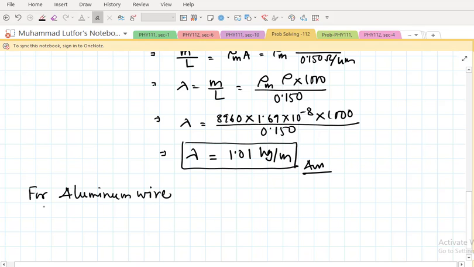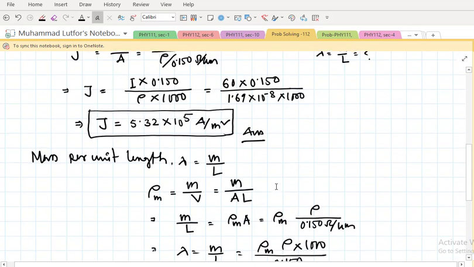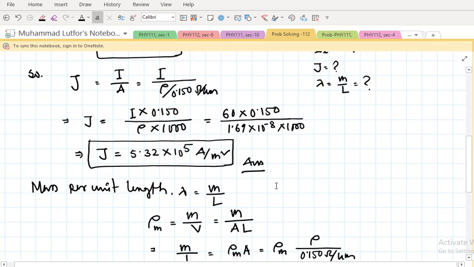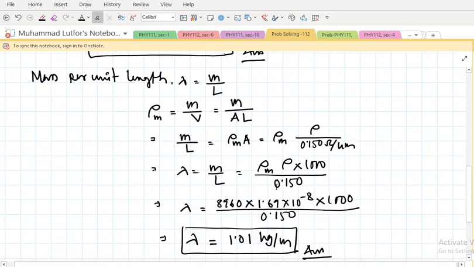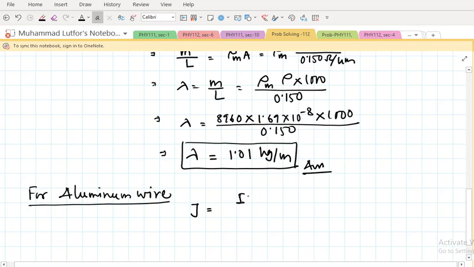The current density J, look at that equation, would be I into 0.150 divided by resistivity into 1000.